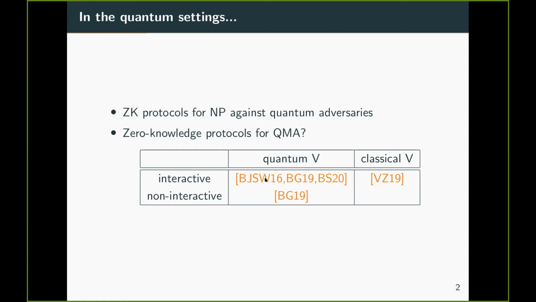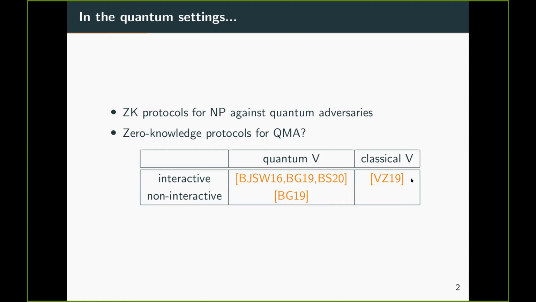The first result is by Broadbent, Ji, Song, and Watrous in 2016, which is the first zero-knowledge protocol for QMA. And Broadbent and Grilo gave a protocol based on QMA hardness of consistency of local density matrices. And as a corollary, Omri's results also imply a constant round zero-knowledge protocol for QMA.